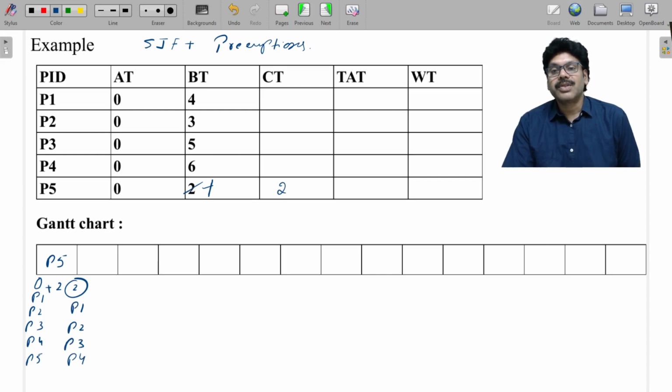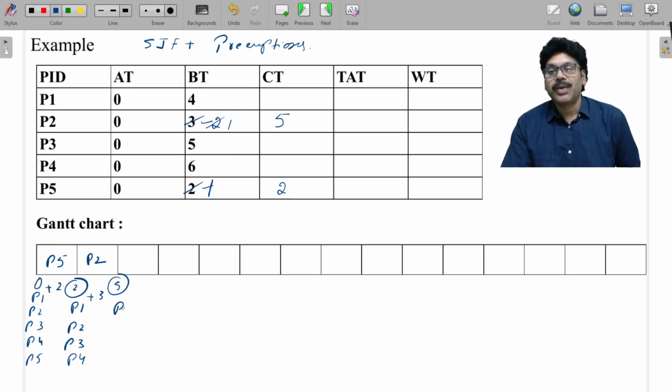Among these, which has the shortest burst time? This one. If I cut 1 unit, the balance is 2, which is also the next lowest. So P2 I can completely execute: 3 units of time, it completed at 5.